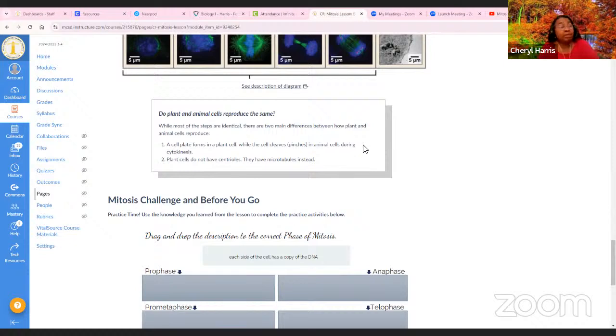But other than that, it goes through PMAT the same way an animal cell does. And plant cells don't have centrioles, but they do have microtubules, which act like centrioles and are still going to be involved in pulling the chromosomes apart.